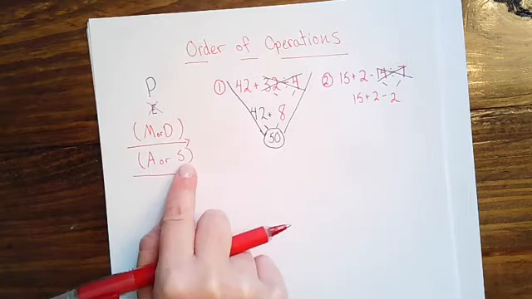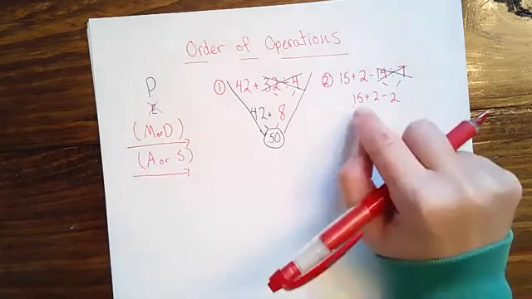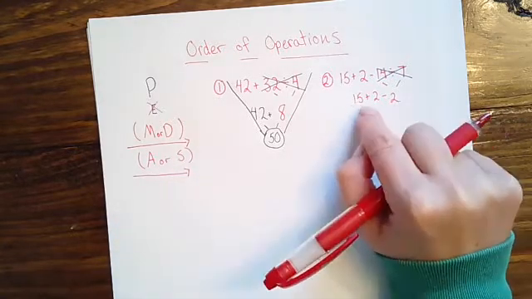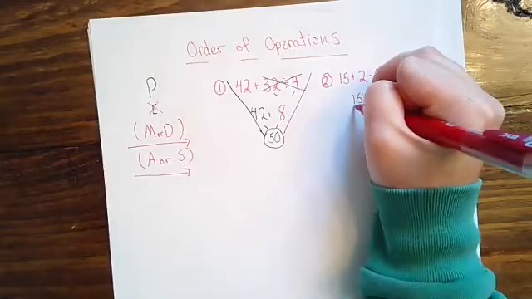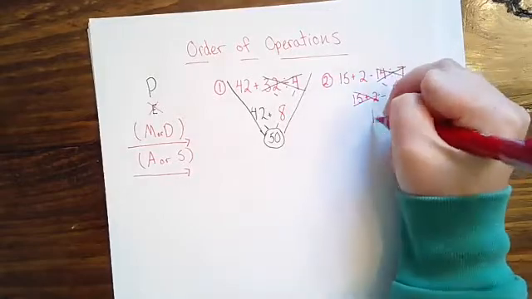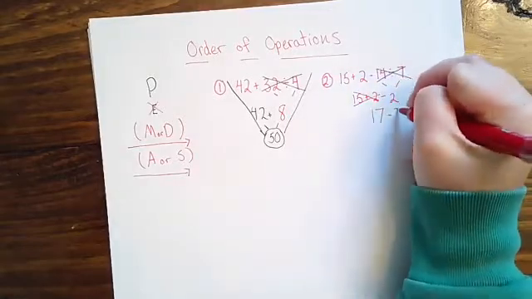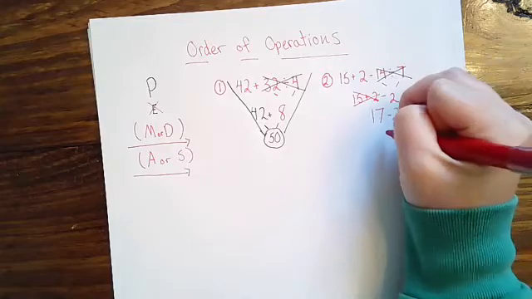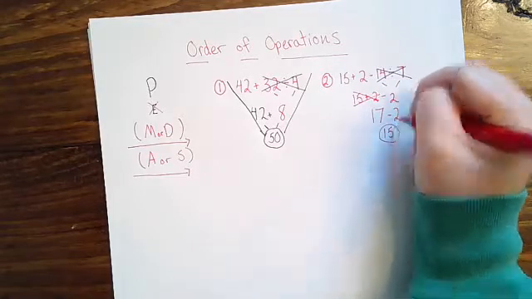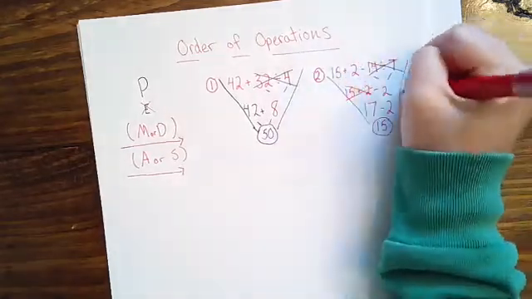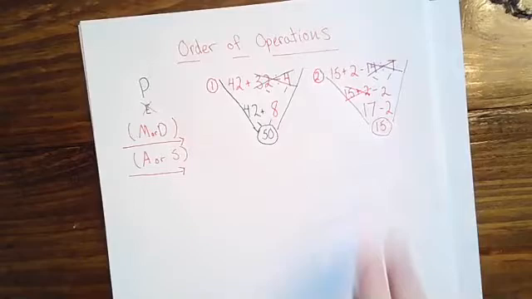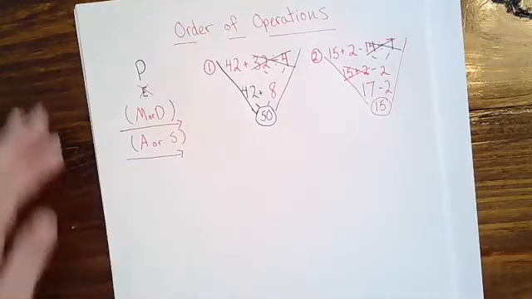And you do whichever one comes first, going from the left to the right. So from left to right, we're going to do addition. So 15 plus 2, cross it out, is 17. Then fill in the rest of the problem. 17 minus 2 is 15. And once again, if I did it right, it looks like it takes the shape of a piece of pizza going into a piece of garlic sauce.